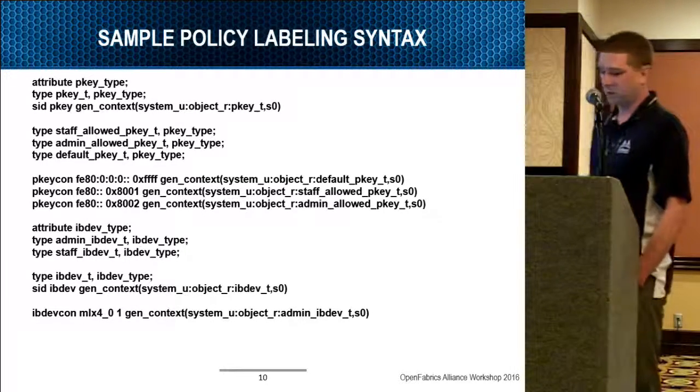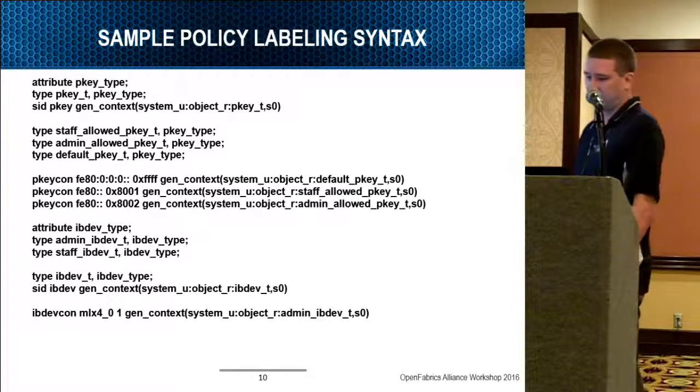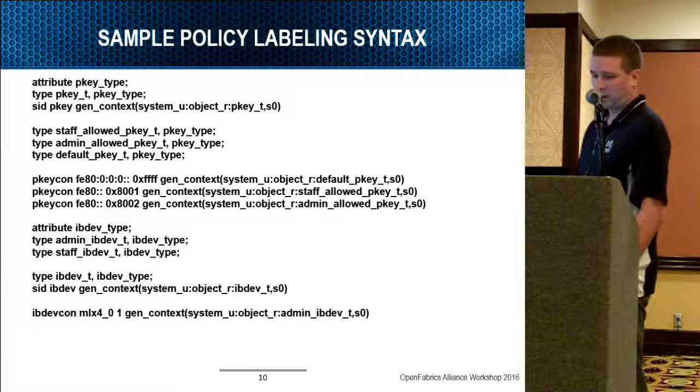You can see here we're labeling 3 different P keys. The default P key on the default subnet prefix with the default P key type. And then below we're going to allow both an admin and a staff user to use that, or I guess the allow statements are on the next page, sorry.